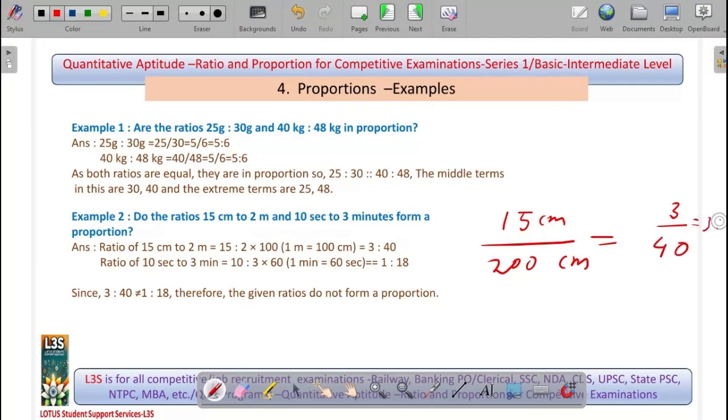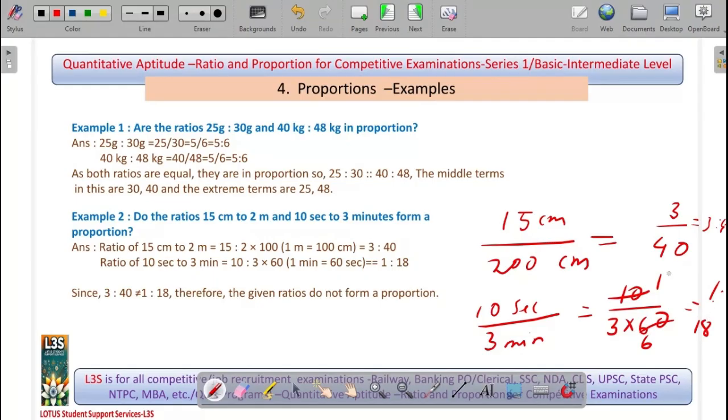So the ratio is 3:40. Now here, 10 seconds to 3 minutes. 1 minute is 60 seconds, so 3 into 60 is 180. So 1:18. So these are not proportionate. These ratios do not form a proportion.